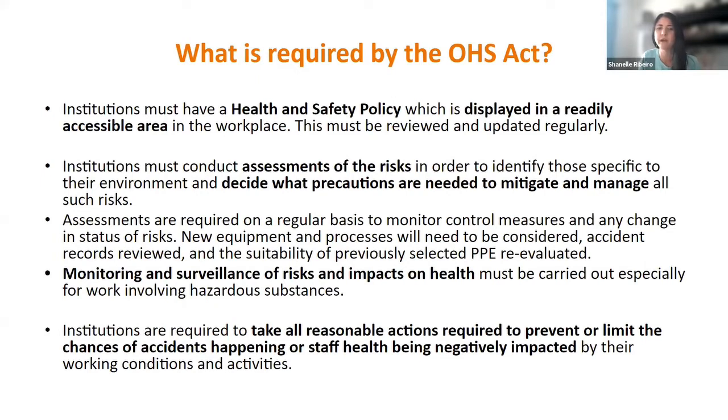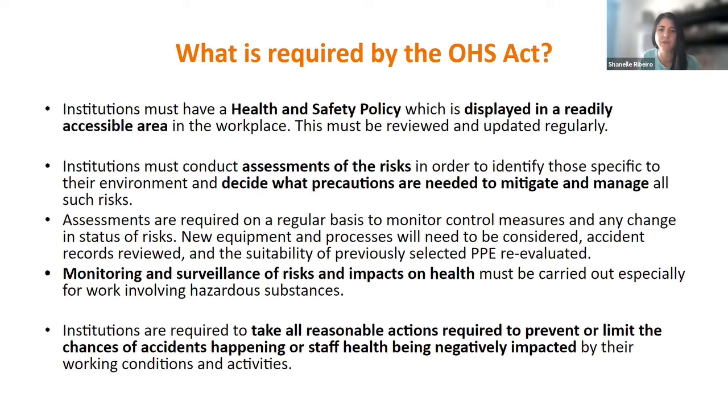So assessments are required on a regular basis to monitor control measures and any changes in the status of the risks. For example, new equipment and processes will need to be considered, accident records need to be reviewed, and the suitability of previously selected PPEs should sometimes be reevaluated.